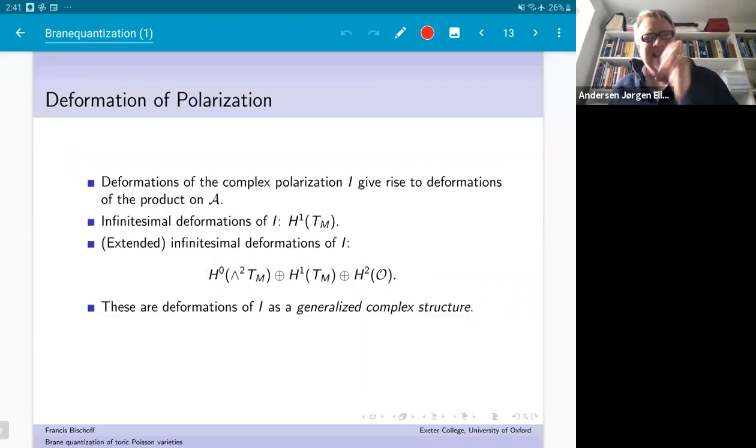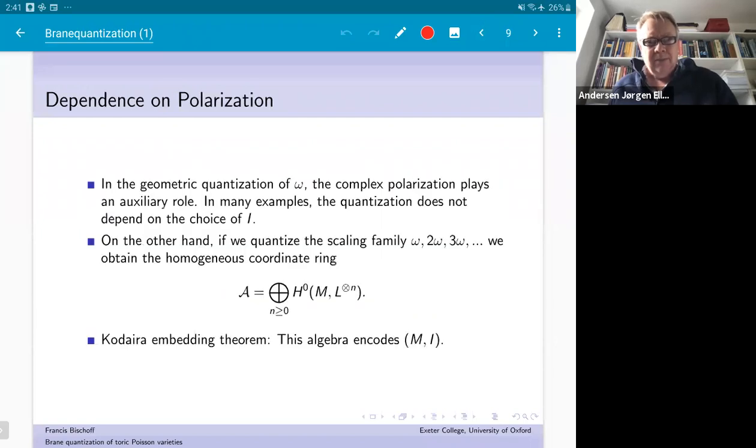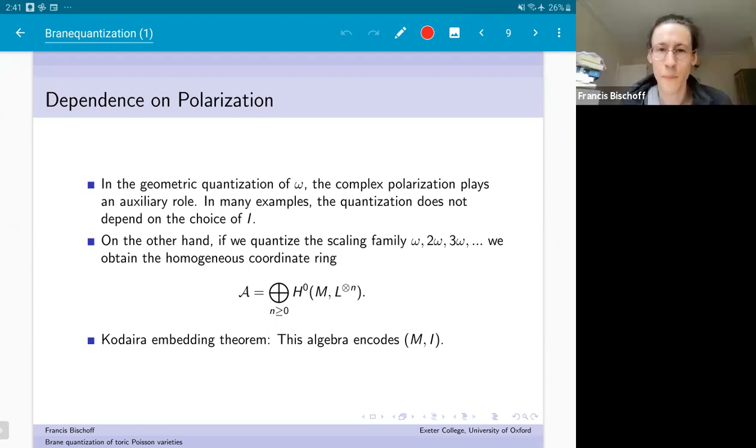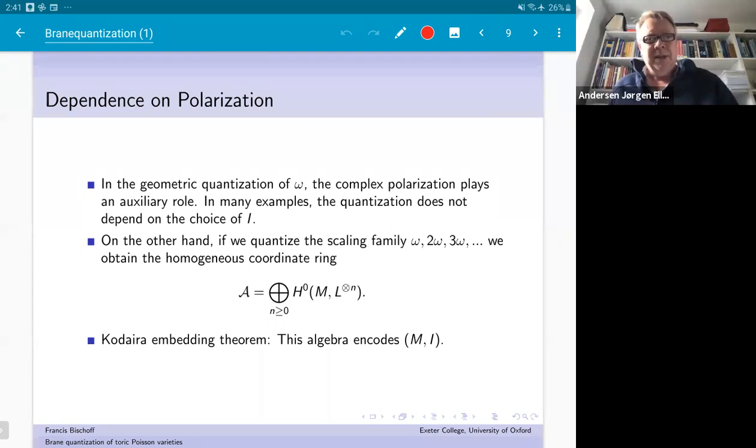And I just wanted to remark that there are a few examples where we indeed know this. But beyond those few examples, I don't really think there is a lot of evidence that the quantization is independent of the polarization.